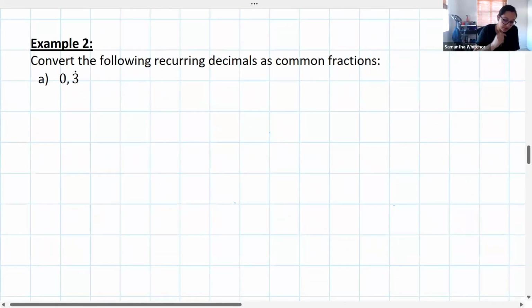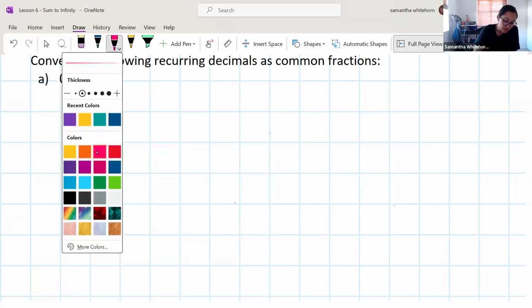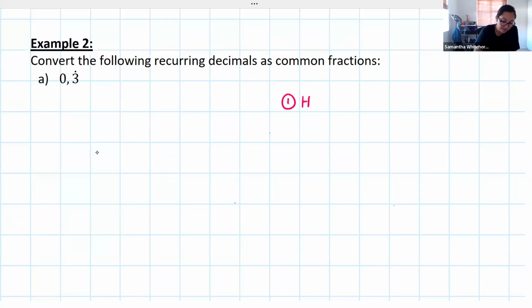So if we have a look at our first one here, we want to convert 0,3 recurring to a common fraction. Now we all know what that is as a fraction. That's a third. So we already know what our answer should be, but obviously we need to show all of our working out. So the first thing you need to ask yourself is how many numbers after the decimal are recurring.